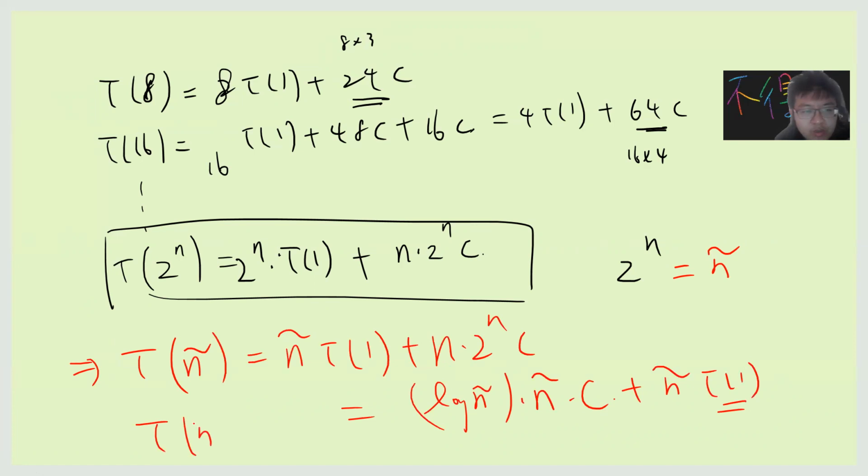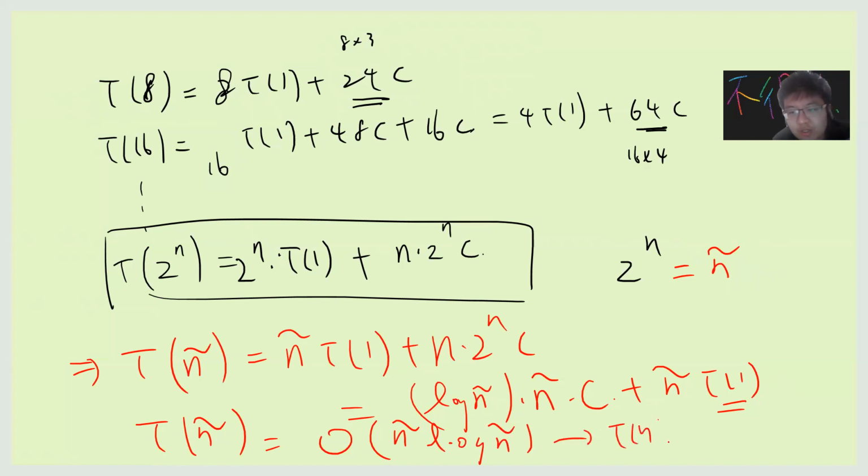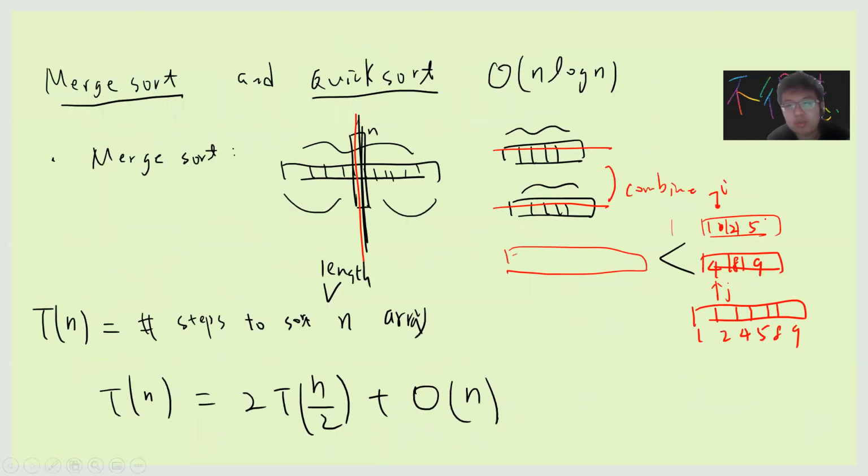So we prove that T of n tilde is big O of n tilde log n tilde, which we transform back to n. So we prove that T of n is O of n log n. It's a very elementary approach, you don't need to use the master theorem. Actually, you can prove the master theorem using this very simple algebra way.